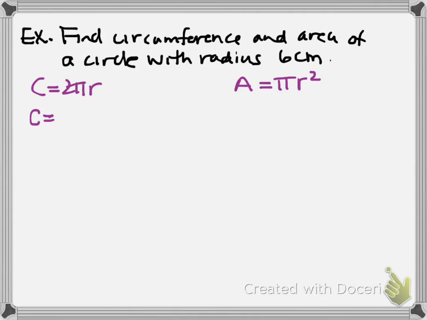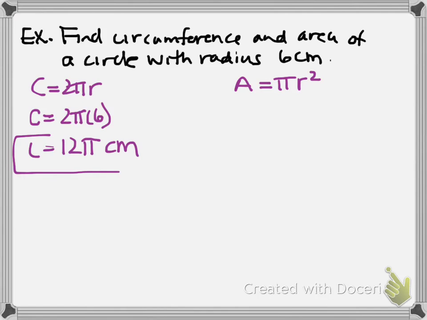So I just plug numbers in. So I get C equals, now it does not tell me to approximate. So I'm going to leave my answer in terms of pi. 2 pi times 6 gives me a circumference of 12 pi centimeters. I have to make sure that I get a label if they give me one.